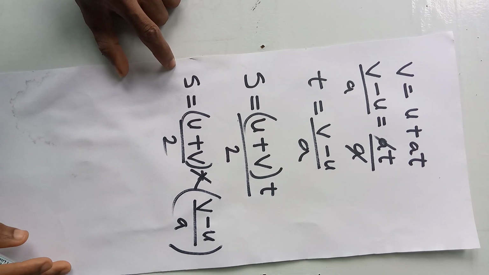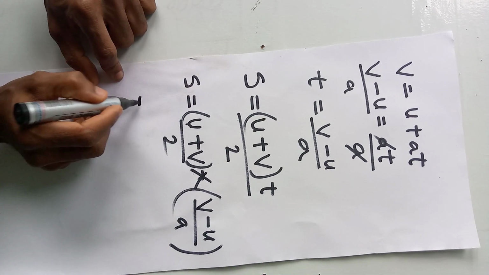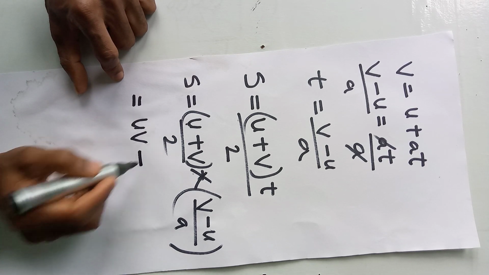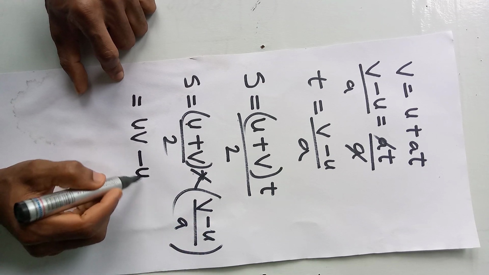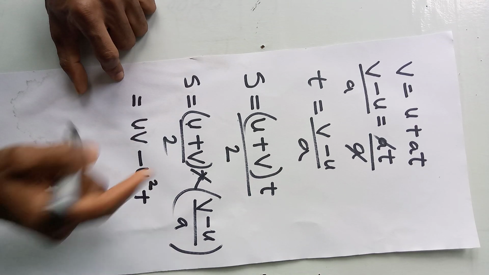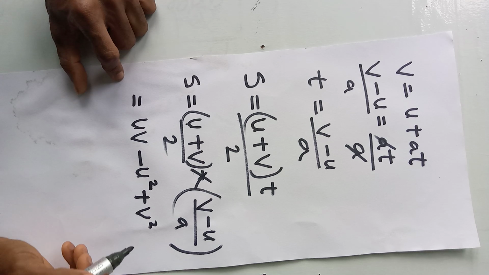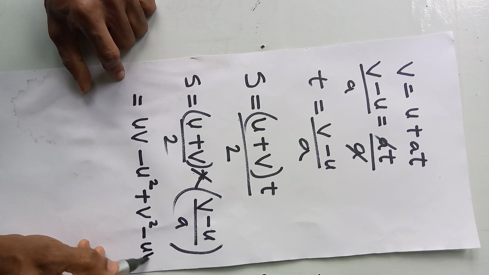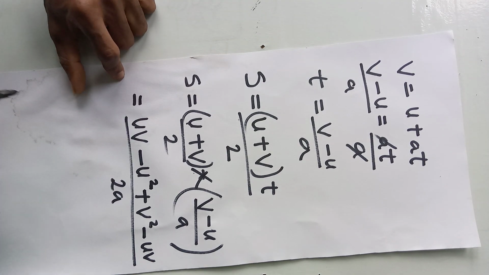Now let's simplify this. U times V, we have UV, minus U times minus U, we have U squared, plus V times V, we have V squared, plus and minus will give us minus, V times U is UV, all divided by 2A.